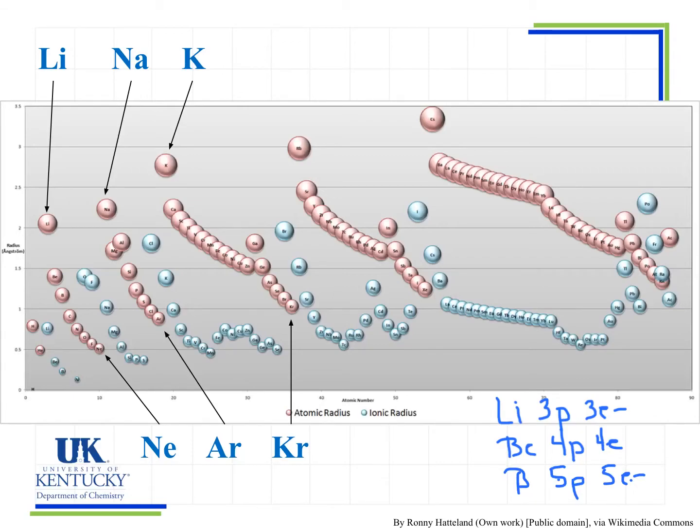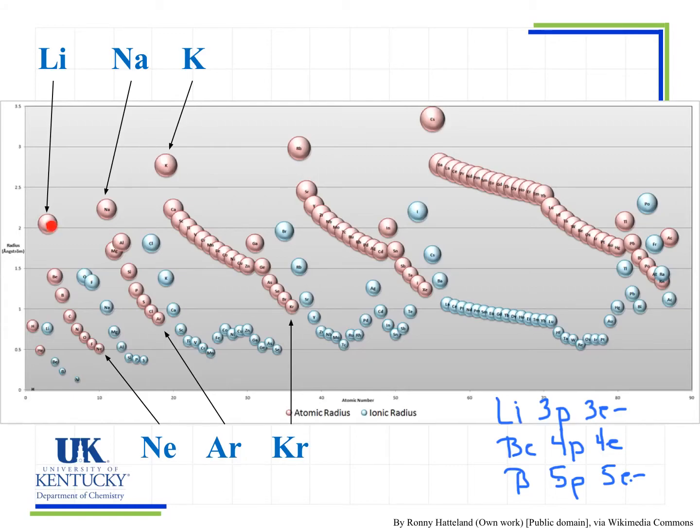The other trend we have to worry about is what happens as we go down the column. So if I look here at lithium, I go to sodium and I go to potassium. And what I see is that as I go from lithium to sodium, I'm still looking at kind of the same valence configuration, but now I'm adding more electrons to a higher energy level.